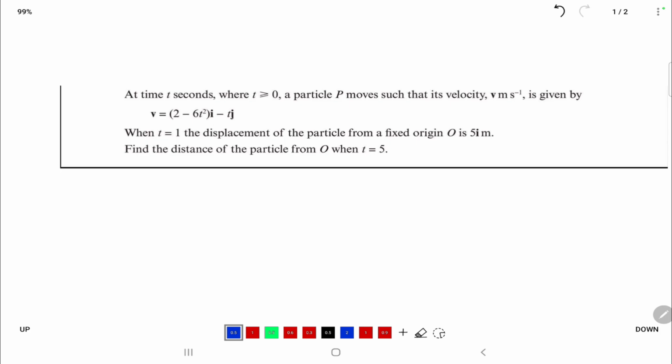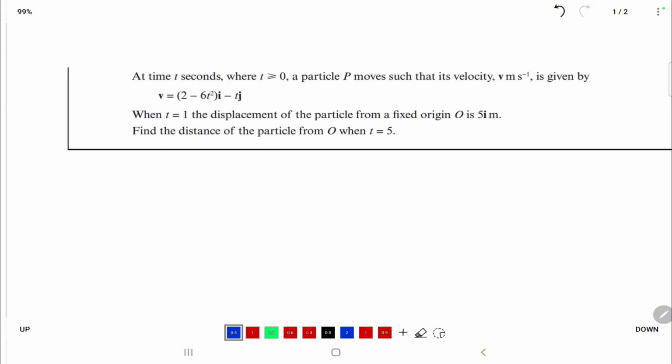When t is 0, the displacement of the particle from a fixed origin O is 5i. Find the distance of the particle from O when t equals 5. Solution.